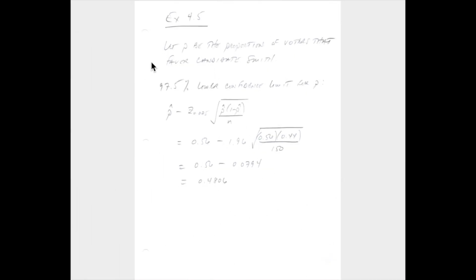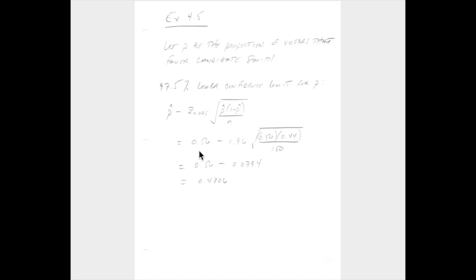Again, let p be the proportion of voters in the population that favor candidate Smith. Then a 97.5% lower confidence limit for p is given by p hat minus z sub 0.025 times the square root of p hat times 1 minus p hat over n.